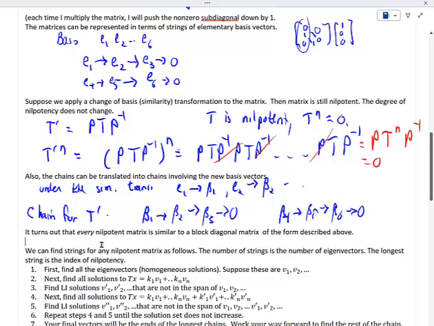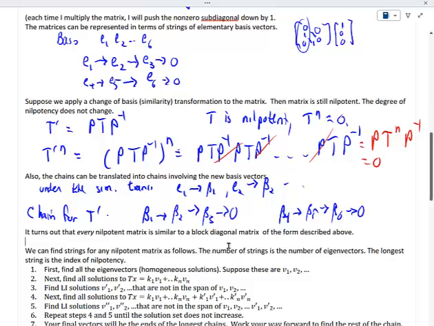Now, one of the problems is finding strings for a nilpotent matrix. If you find the strings, then you can find the change of basis to turn it into this form. He details a method for finding strings, and I think there are some problems for this.